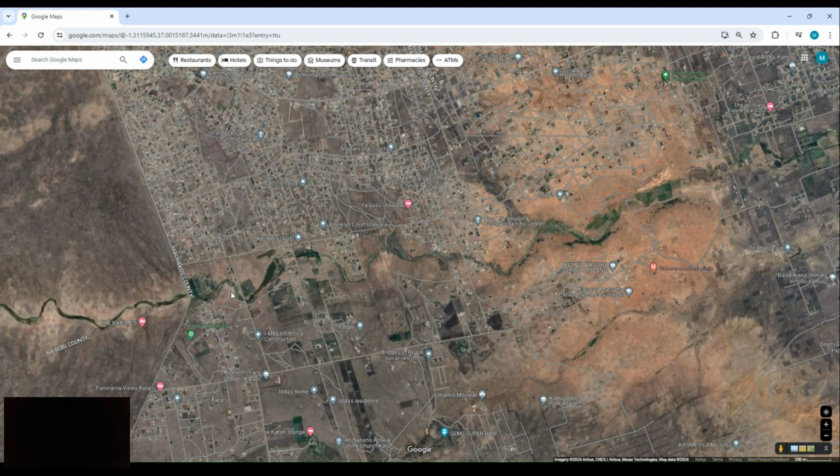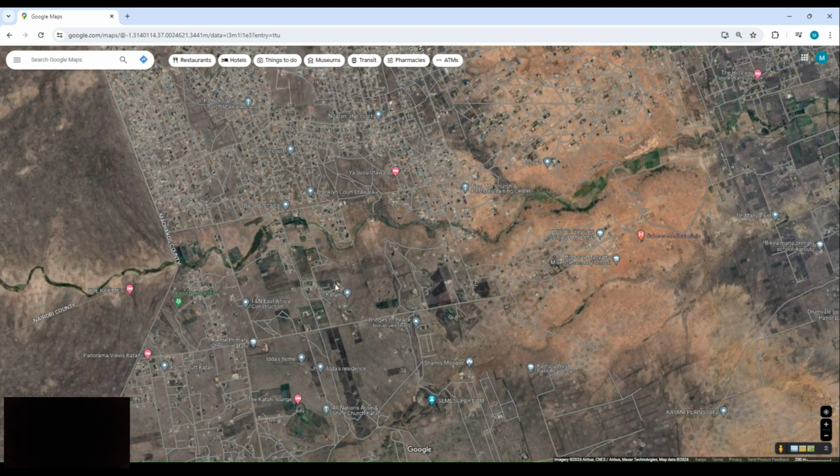So maybe it would be good to check exactly which areas they are and whether they are along this seasonal river. We know that Katani heavily floods around this area, and so you have this entire Katani side that actually floods.